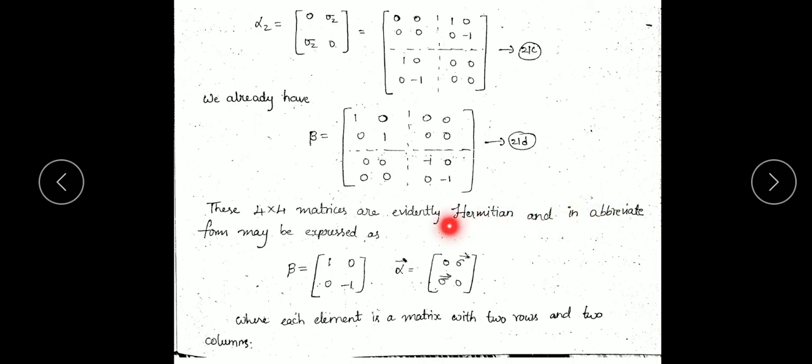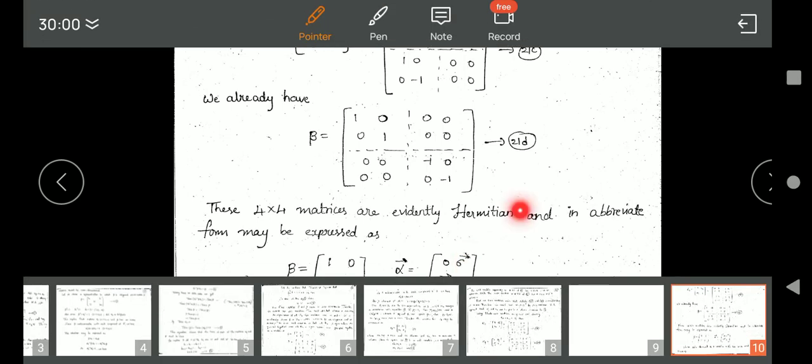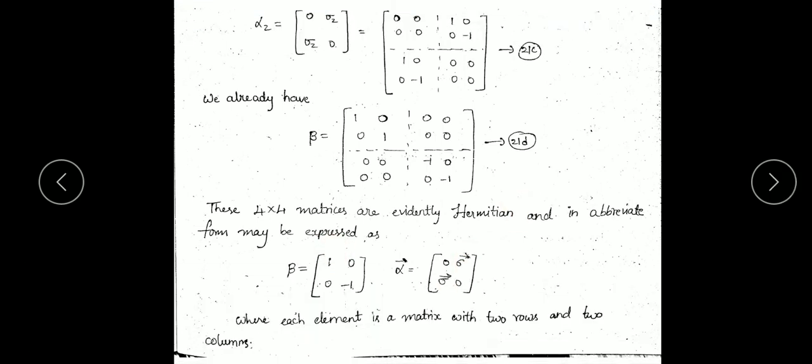And in abbreviated, compact form, beta is nothing but I 0 0 minus I, where 1 is I here and minus 1 is minus I. In the same manner alpha is nothing but 0 sigma sigma 0, that is, sigma x for alpha x, sigma y for alpha y, and sigma z for alpha z. This is the compressed form, where each element is a matrix with 2 rows and 2 columns, just like I equals 1 0 0 1.